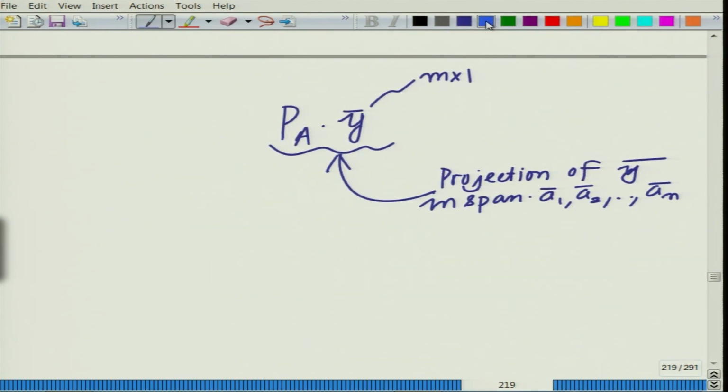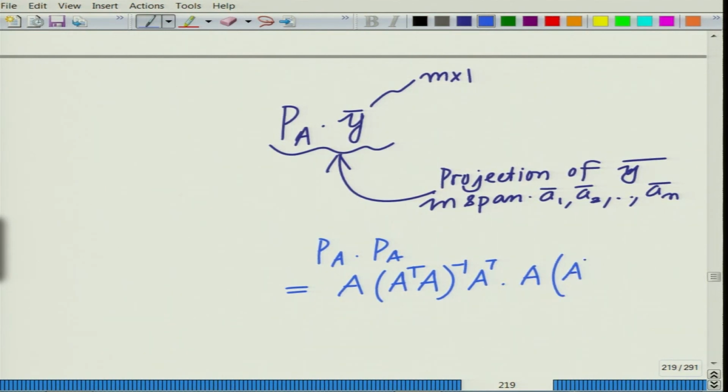In fact, you will notice a very important property. If you consider PA into PA, this is equal to A (A transpose A) inverse A transpose times A (A transpose A) inverse A transpose, and now you see A transpose A inverse into A transpose A is identity.